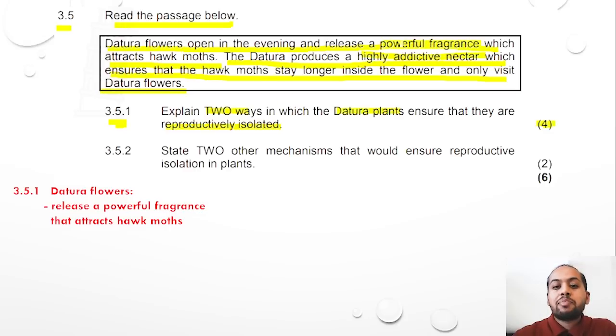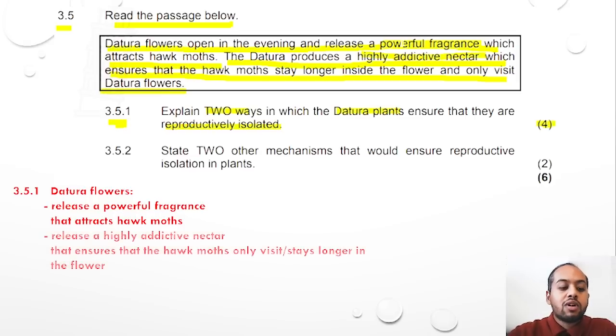Secondly, they release a highly addictive nectar that ensures that the hawk moths only visit or stay longer in the flower. Those are 2 ways that the Datura plants ensure that they are reproductively isolated.